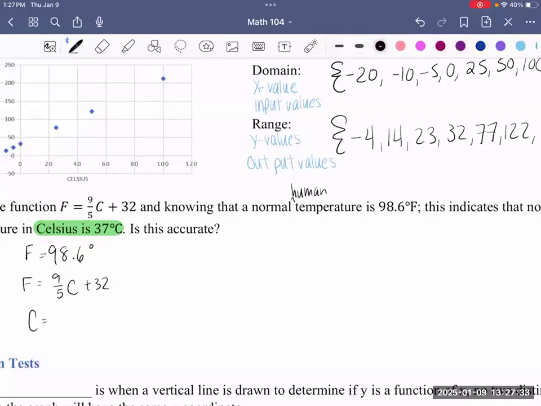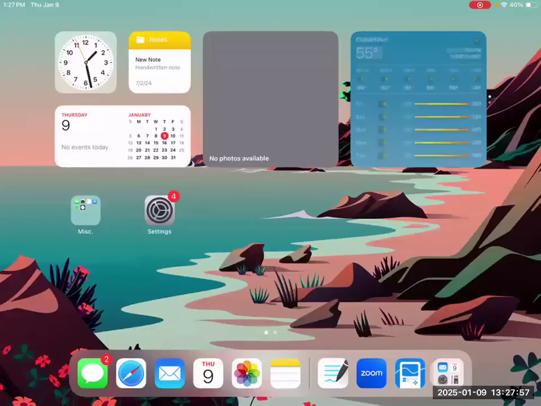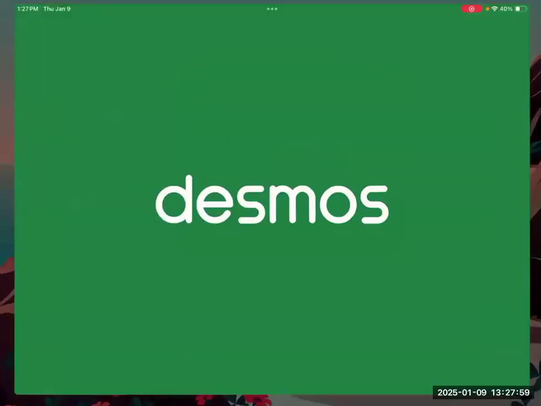So they have given us a Celsius to work with. In order to determine if they're accurate, we should get out 98.6 degrees. So let's work that in and see, is it in fact true? Instead of C, we're going to work in your 37 degrees, and we're going to put that right into a calculator. We're going to be using Desmos today.